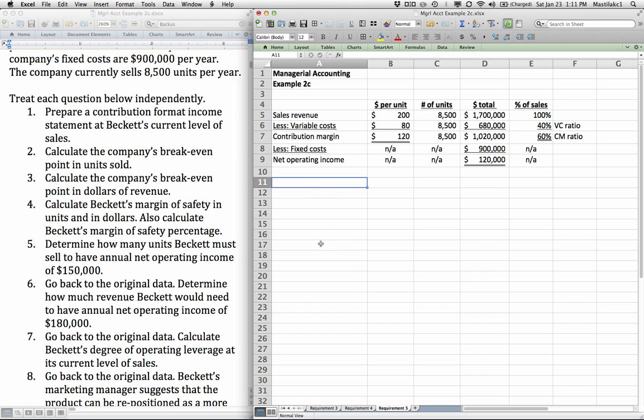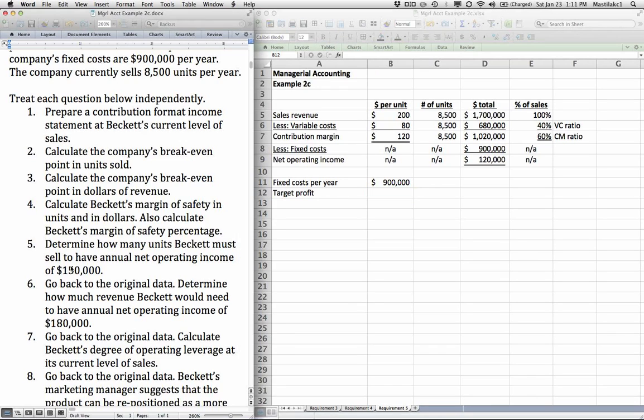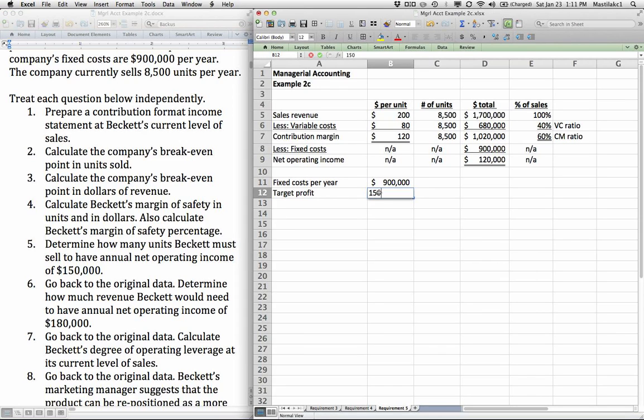The shortcut approach is to simply take our fixed costs per period, which in this case is per year, our $900,000, and add our target profit, which is given in our requirement at $150,000.